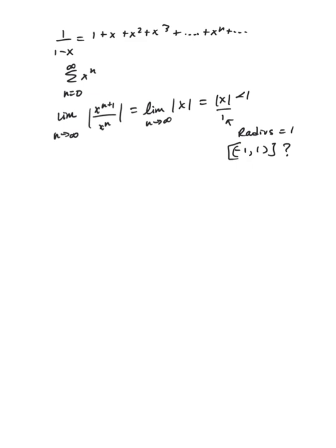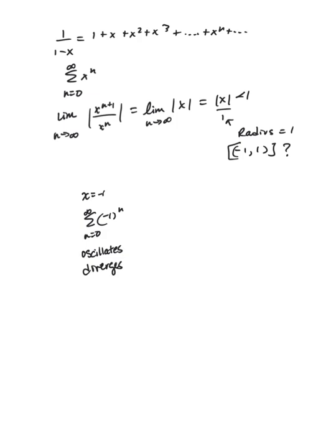So if you test the endpoints, let's say x is -1. Then we'd have the series of -1 to the n. Now, this series just oscillates between 1 and -1, so it diverges.